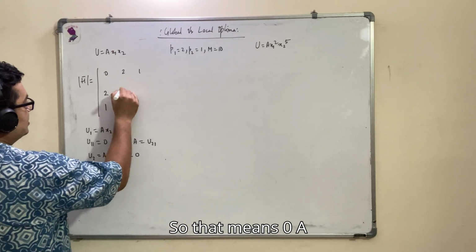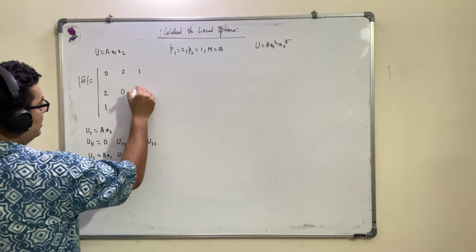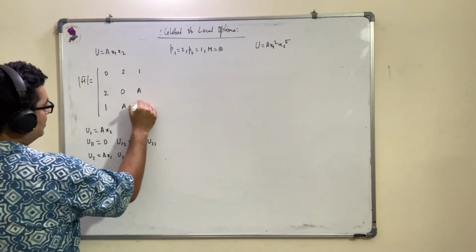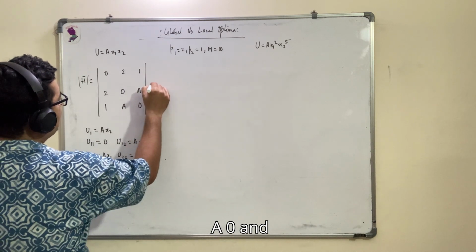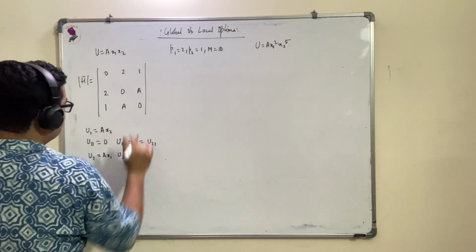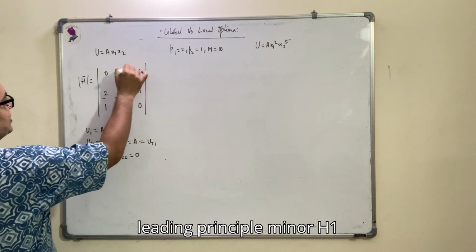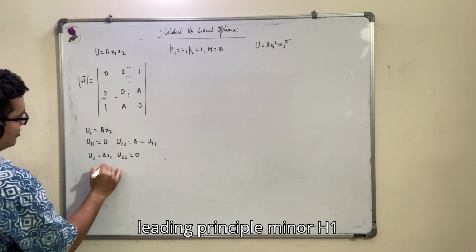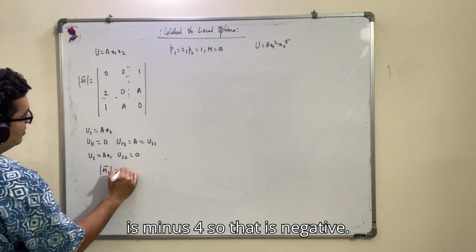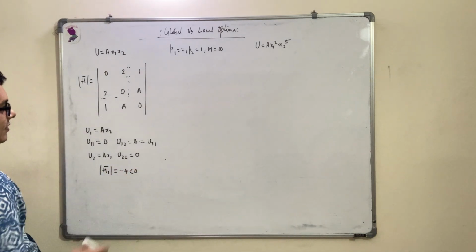So that means 0, A, 0, and as you can see, this leading principal minor H1 is minus 4, so that is negative.